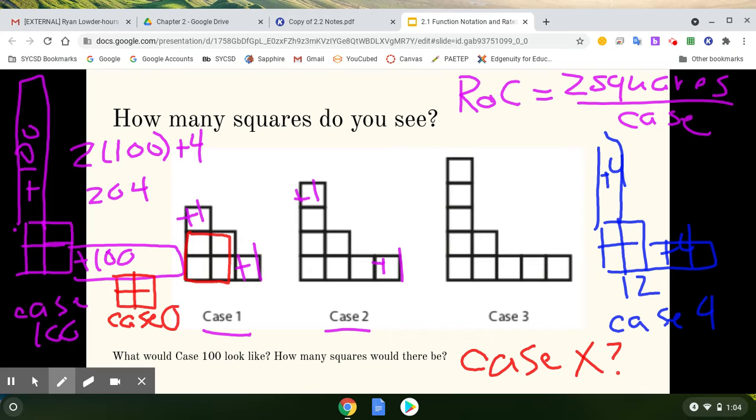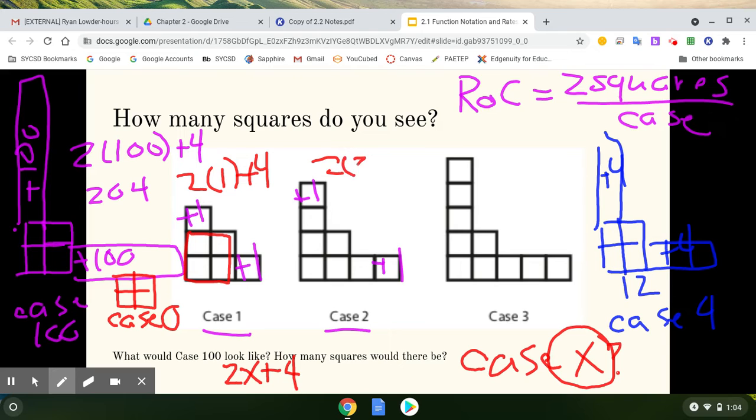But what happens is we can actually take the case number and multiply it by 2 and then add the original 4 to tell us how many squares there are. And we can see this is apparent in every single one of these cases. So for case 1, 2 times 1 plus 4 gives me the 6 total squares.